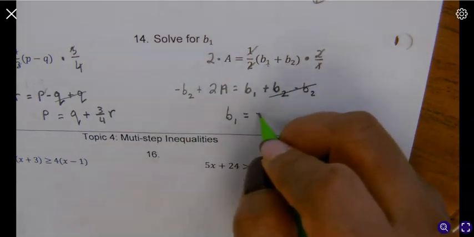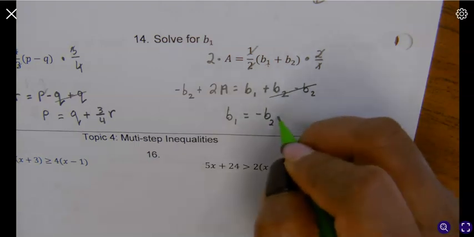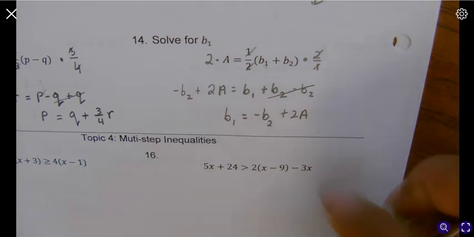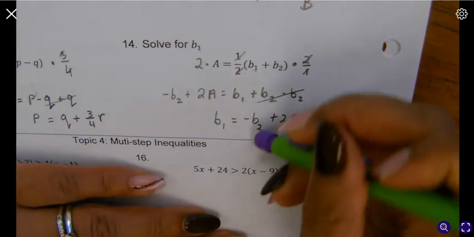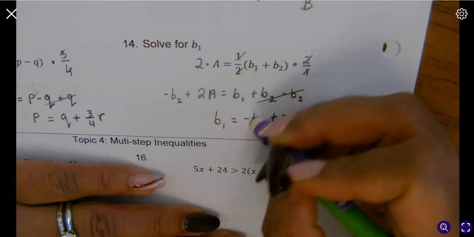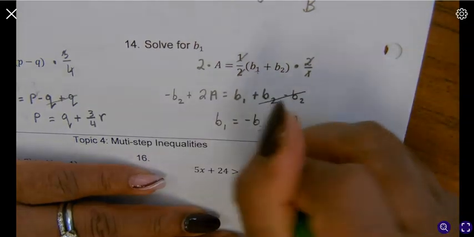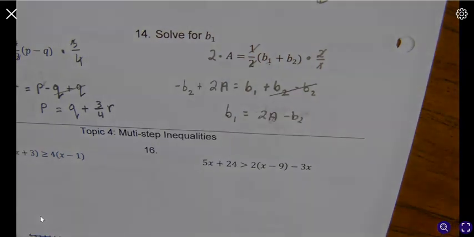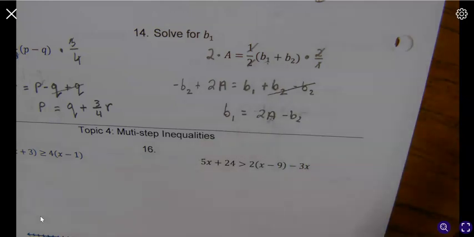Either you can put negative B2 plus 2A, or you can have them switched around, like that. Or you could switch them by doing 2A minus B2. That's that.